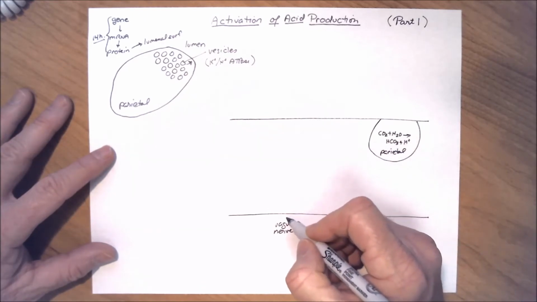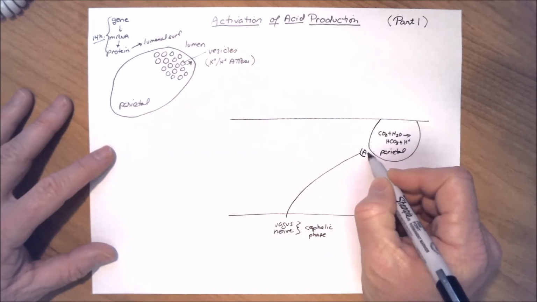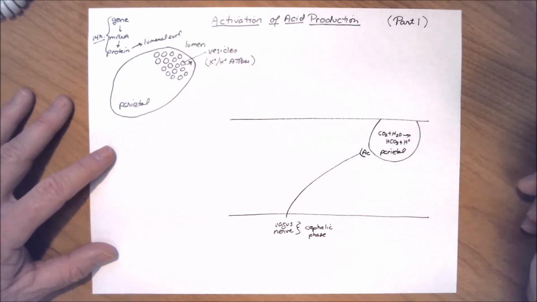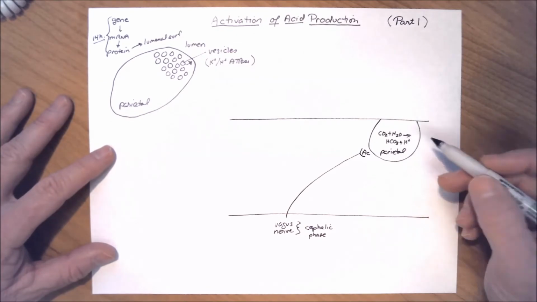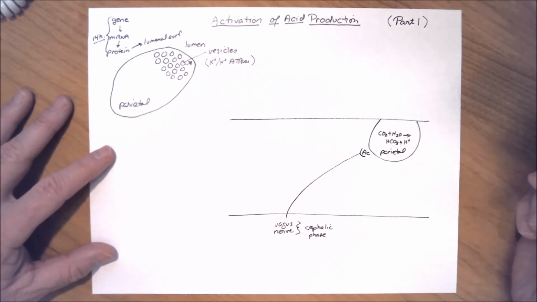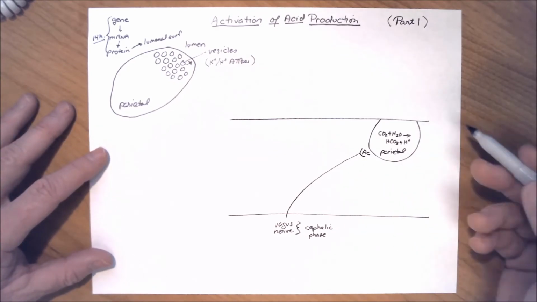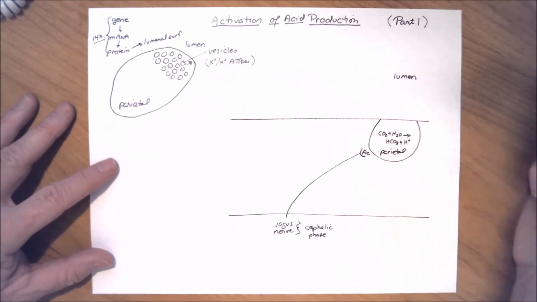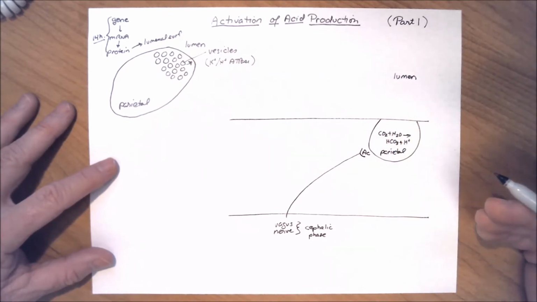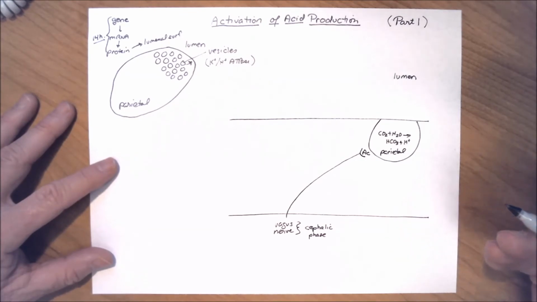So the vagus nerve is going to stimulate, through acetylcholine transmitter, the parietal cell to begin the process of acid production. Now, as you can imagine, this is not an overwhelming signal because there's no food present in the lumen of the stomach yet. So this is just preparing the stomach for the possibility of food because you have seen it or you have smelled it. This is the Pavlov experiment.